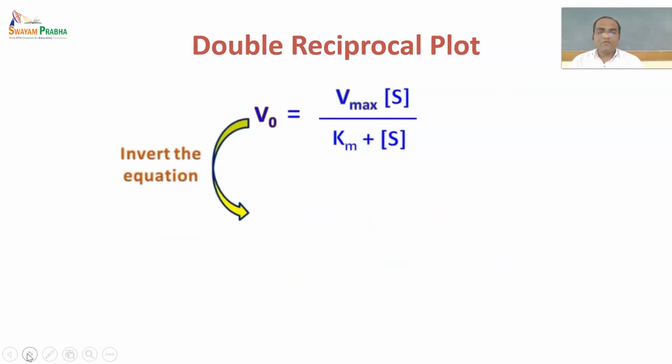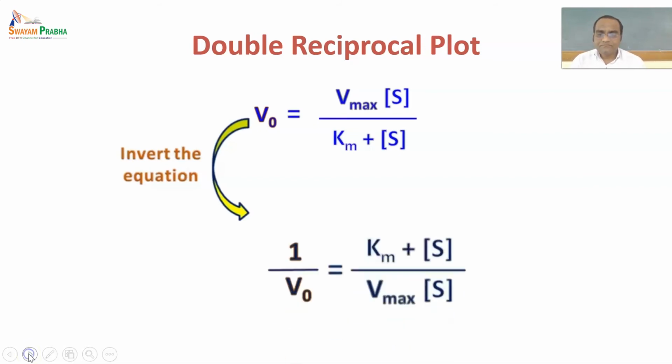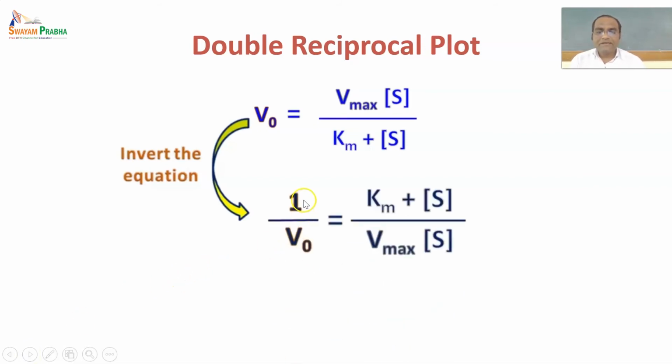Now, by inverting the equation, our goal is to draw an equation for the double reciprocal plot. We make certain changes to this Michaelis-Menten equation. By inverting it, V0 becomes 1 by V0, and the values at the denominator become the numerator, and vice versa.